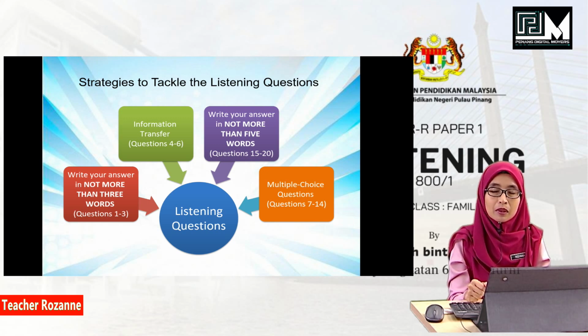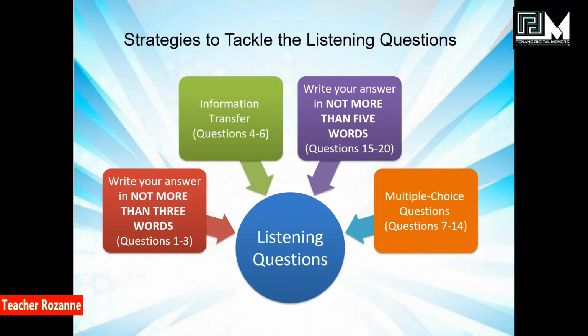First, remember in Part 1, for questions number 1 to 3, you have to write your answer in not more than 3 words. Then, going on to question number 4 to 6, this is the information transfer part, where you are allowed to write not more than 5 words.